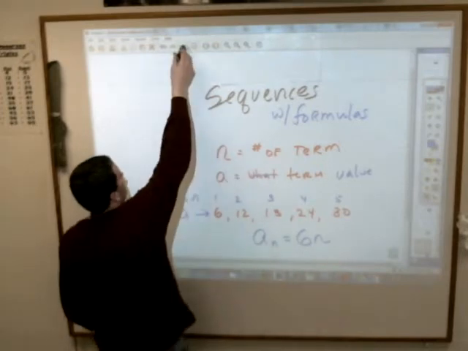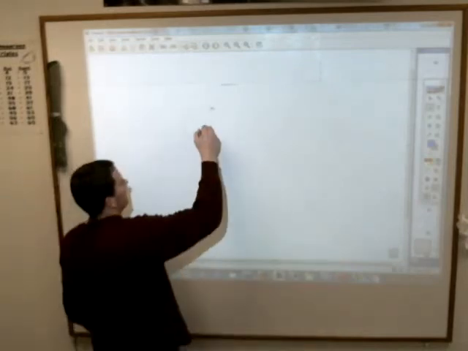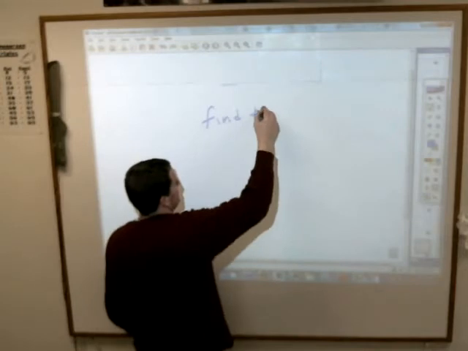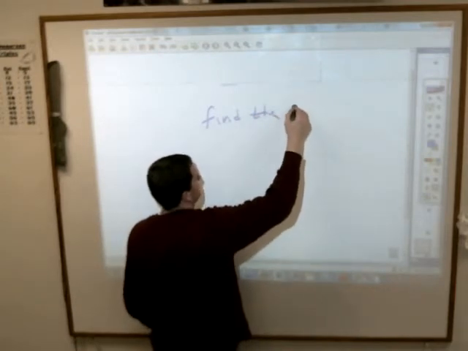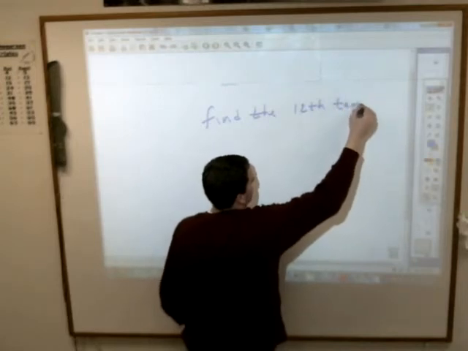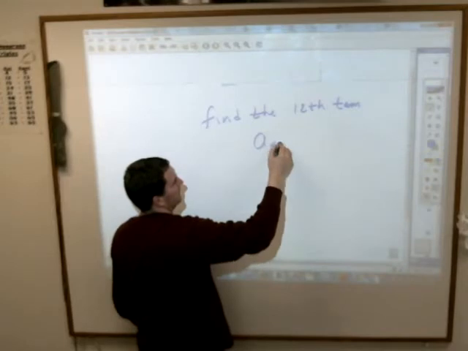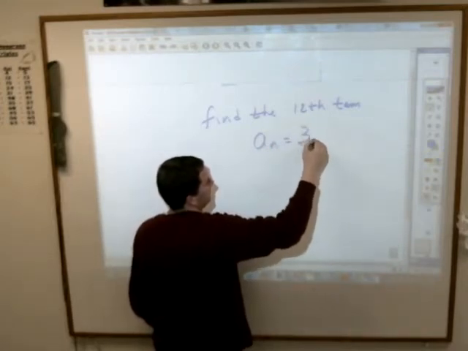Because they're going to give you a formula. I guess don't overthink this a lot. For example, this formula here: find the, I don't know, 12th term of this formula. a sub n equals 3n.